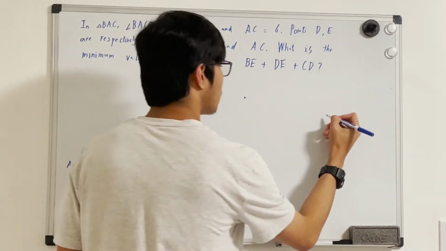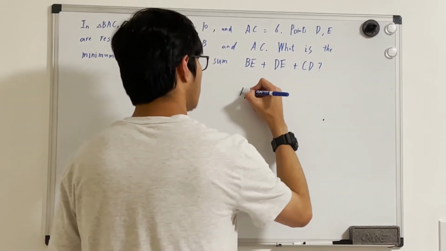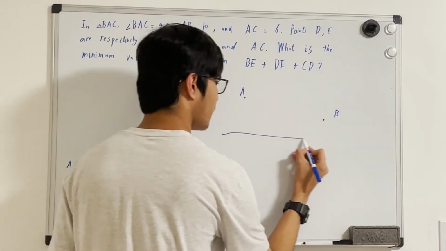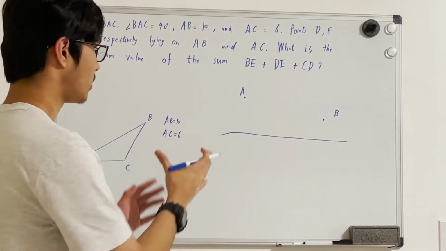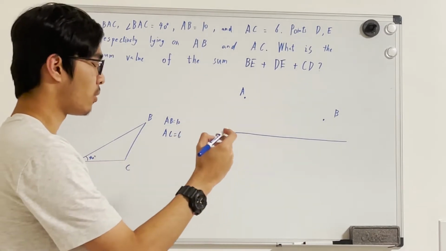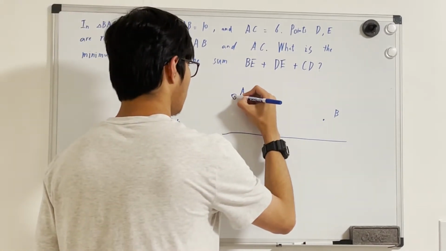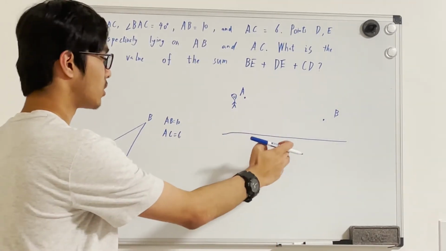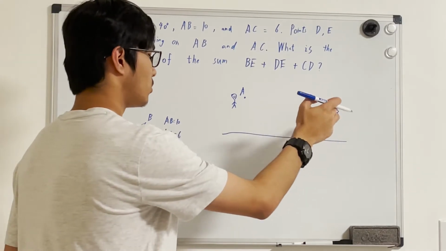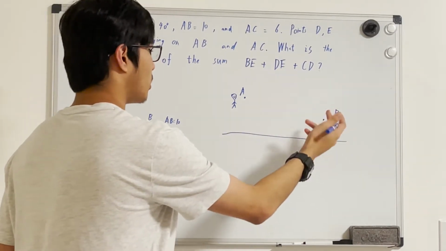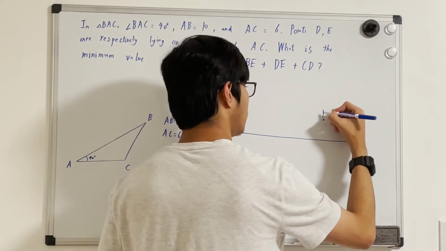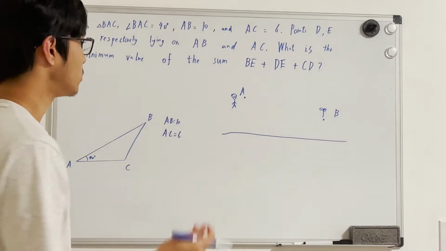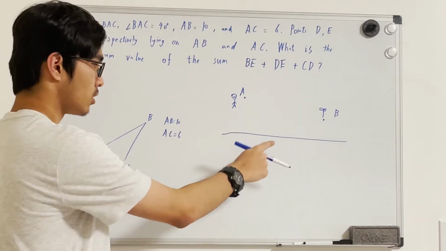Let's imagine there are two points. I'll call this A, I'll call this B, and here's a river, and from point A, there's a happy man. He's so happy that he wants to get some water to water the plant on point B. This happy man wants to fetch some water from the river.